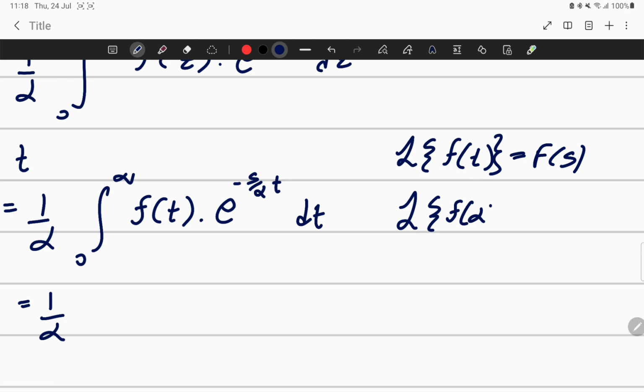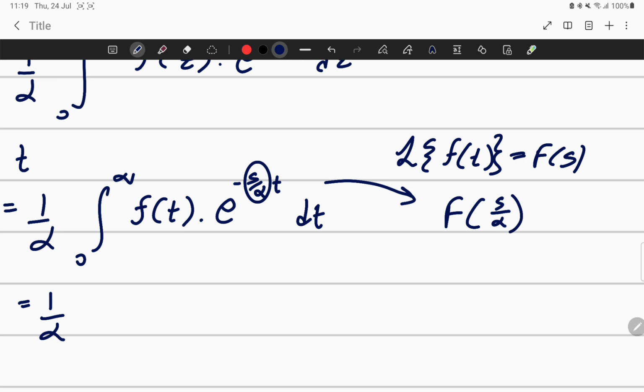In the previous video I told this is the s, so here in this integral I have s over alpha. So this is the Laplace transformation of f, where s is s over alpha.